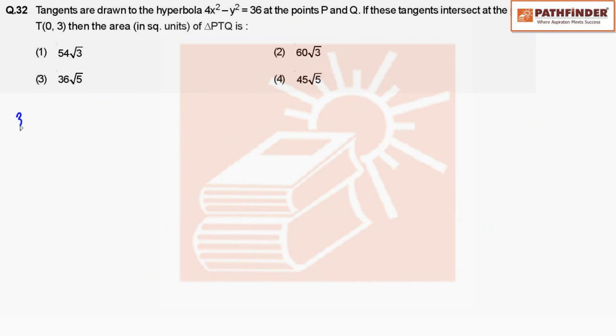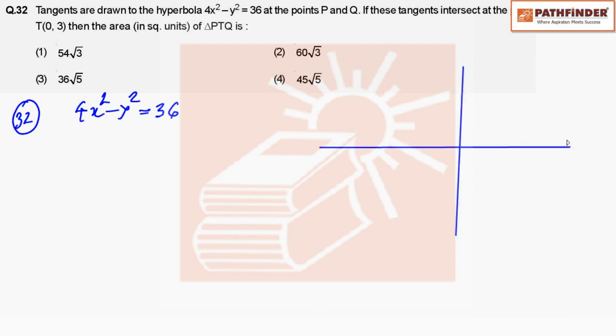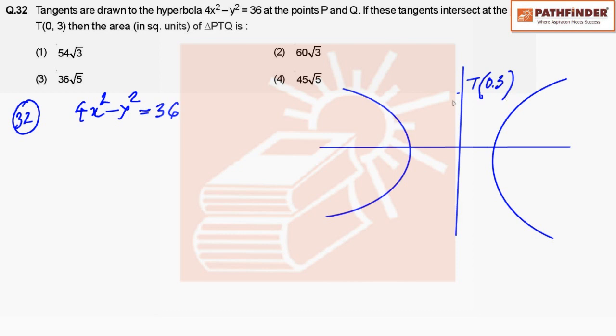Now question number 32. Question number 32 says tangents are drawn to the hyperbola 4x square minus y square equal to 36 at points P and Q. These tangents intersect at the point T (0, 3). If we just draw the hyperbola of this type, then tangents are drawn from the point T (0, 3), and we get these sort of tangents.